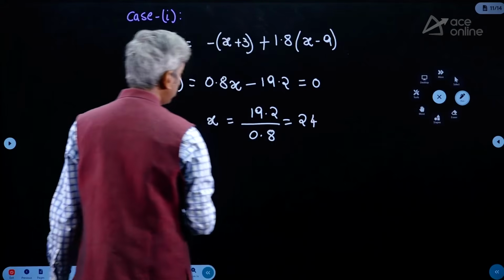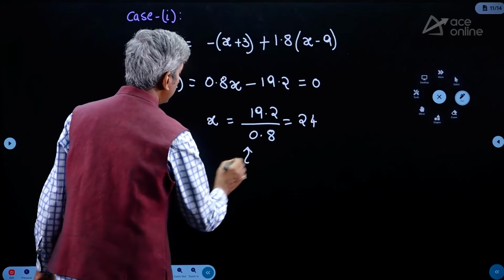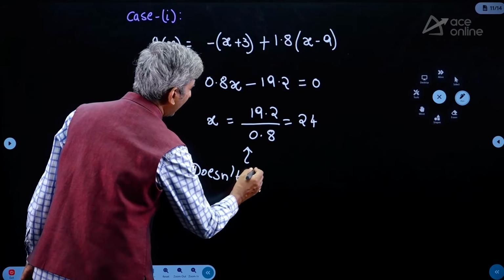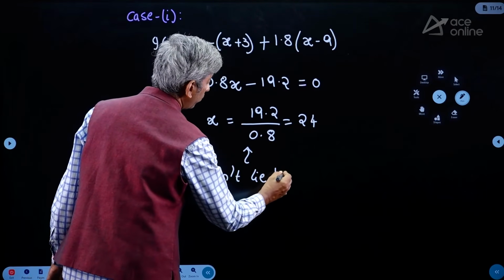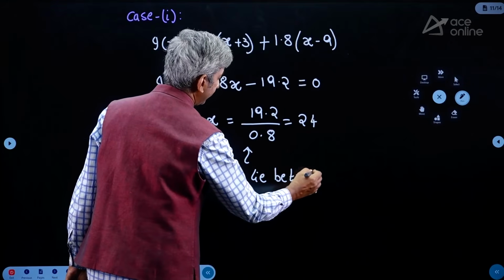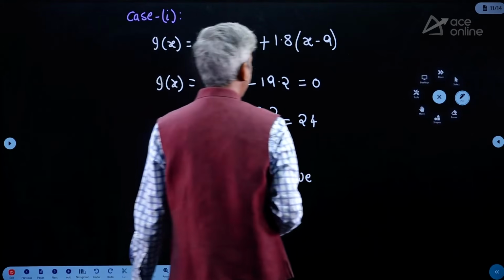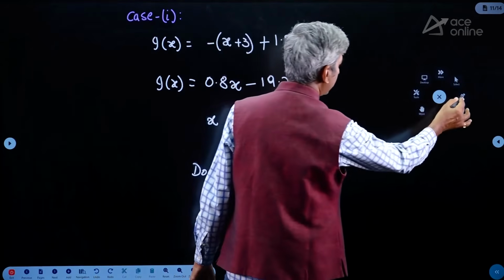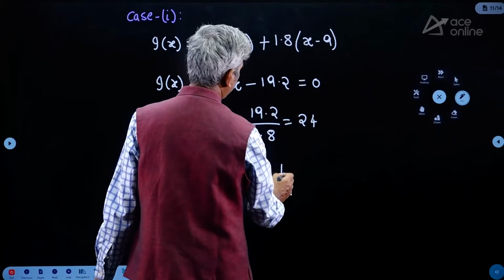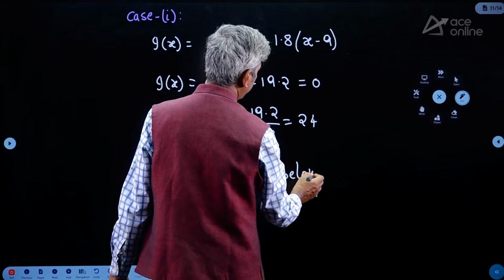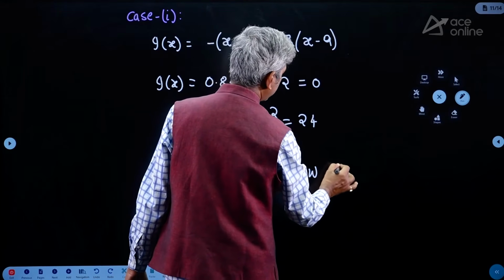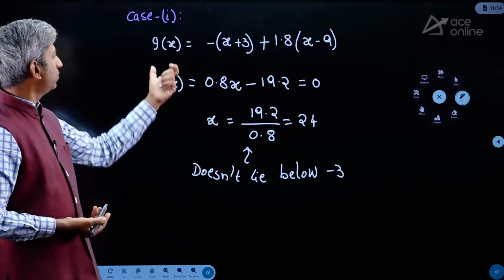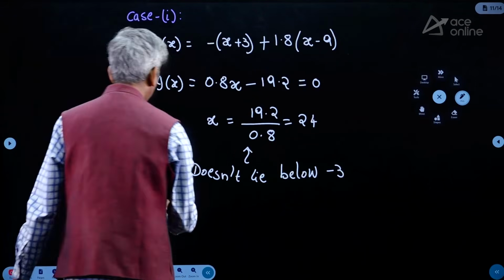X is equal to 24 does not lie below minus 3. You know that? It does not lie below minus 3, such that there is no threshold value associated with this case 1.